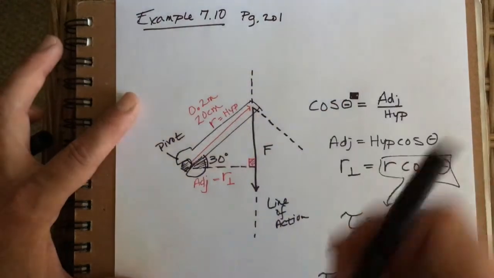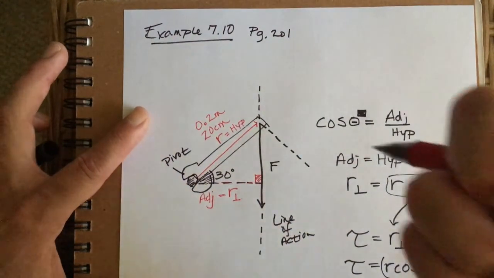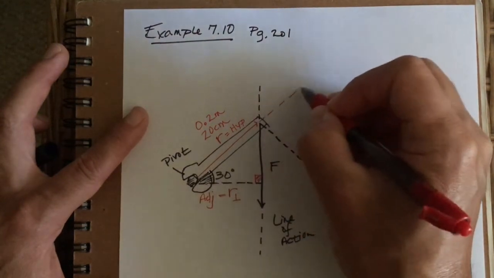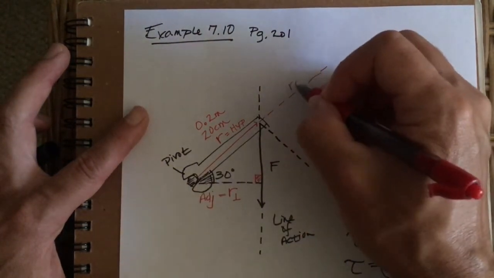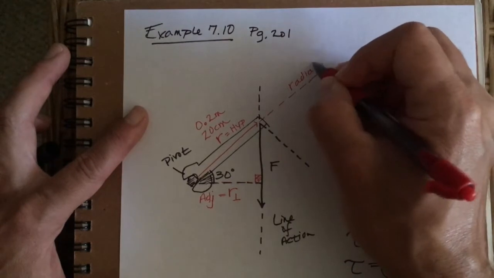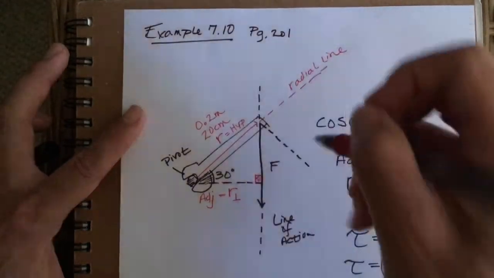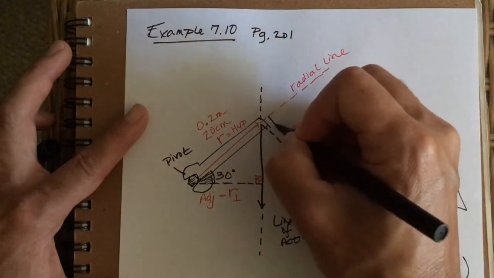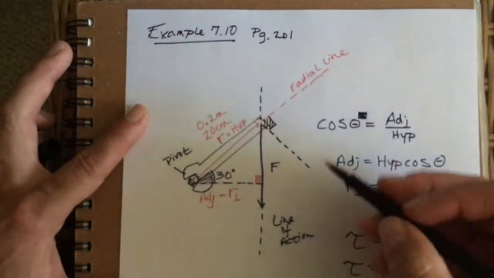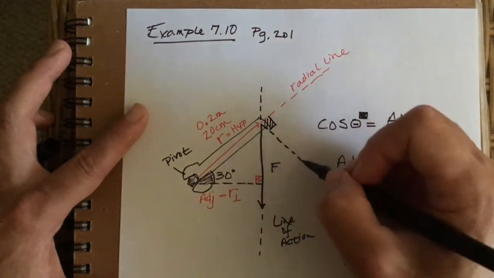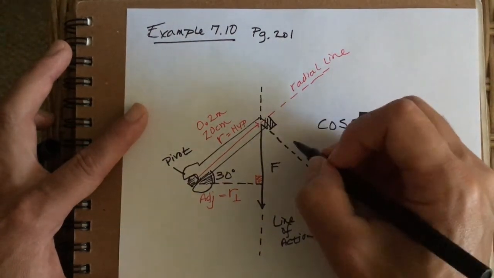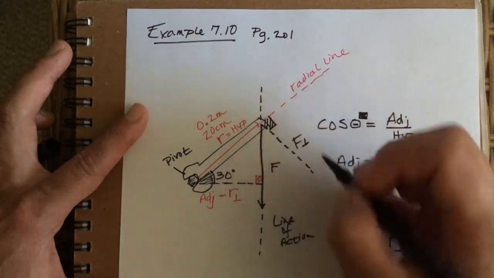So I'm saying when we find f-perp, this is r, and this is the radial line. If I extend this out, f-perp should be 90 degrees to the radial line, right? So this piece of f is f-perp.